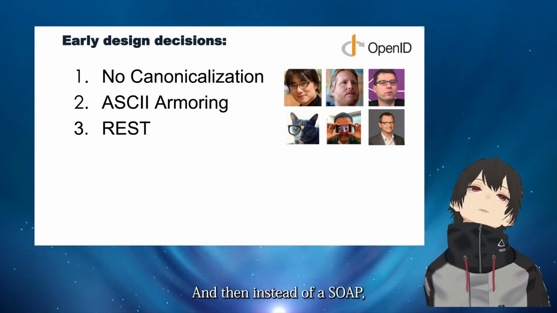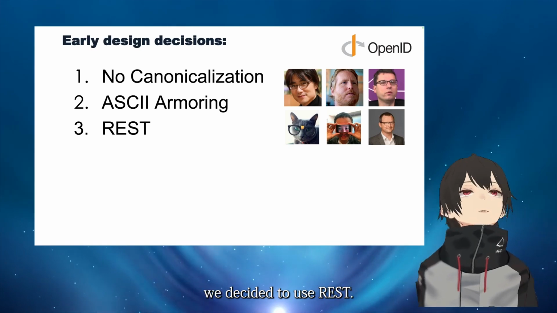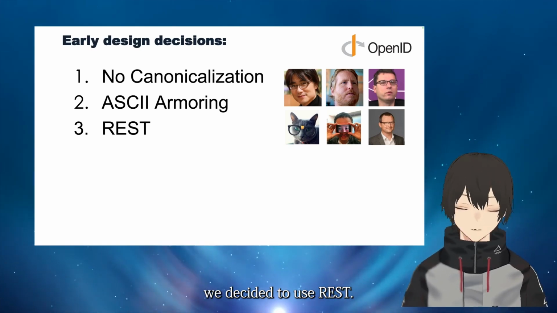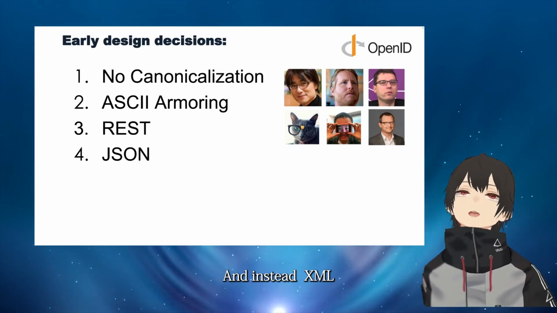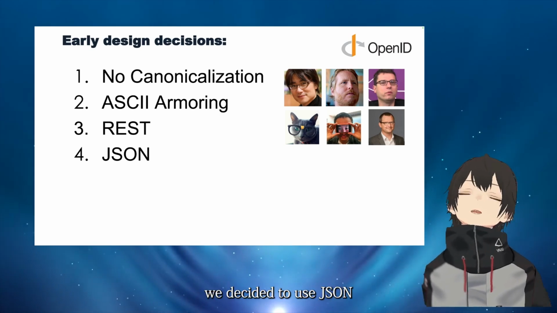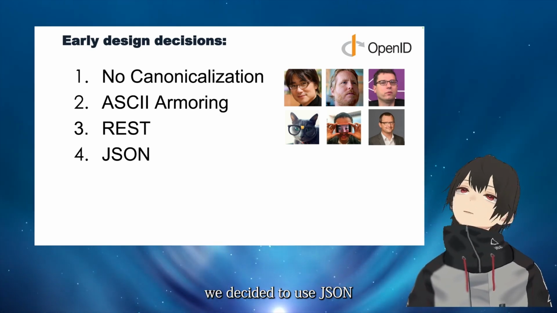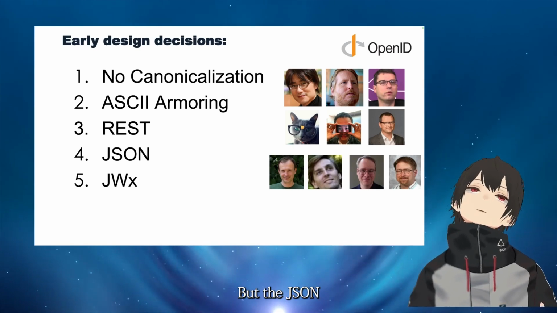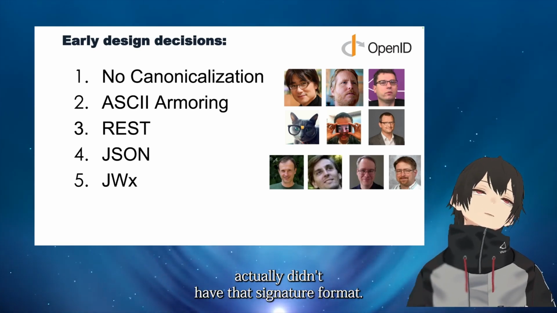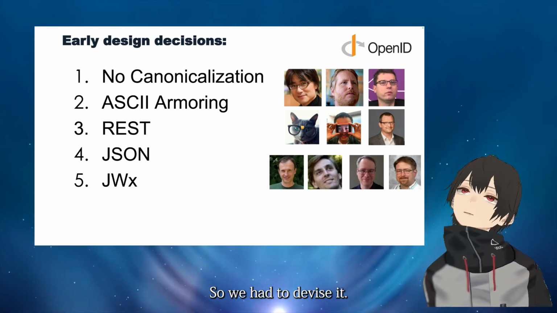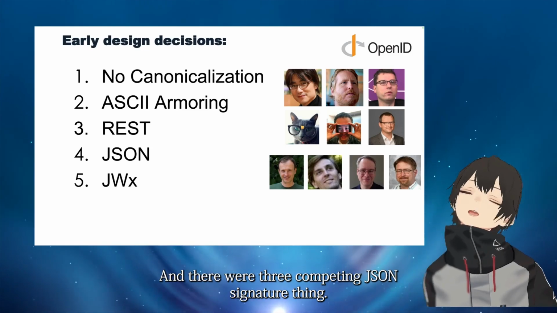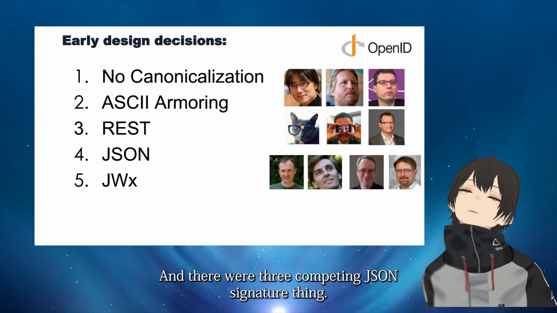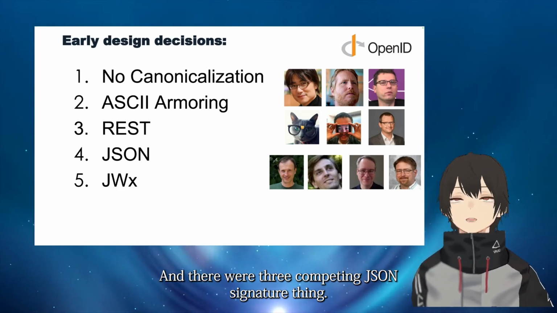And then instead of SOAP, we decided to use REST. And instead of XML, we decided to use JSON. But JSON actually didn't have the signature format, so we had to devise it. And there were three competing JSON signature efforts.